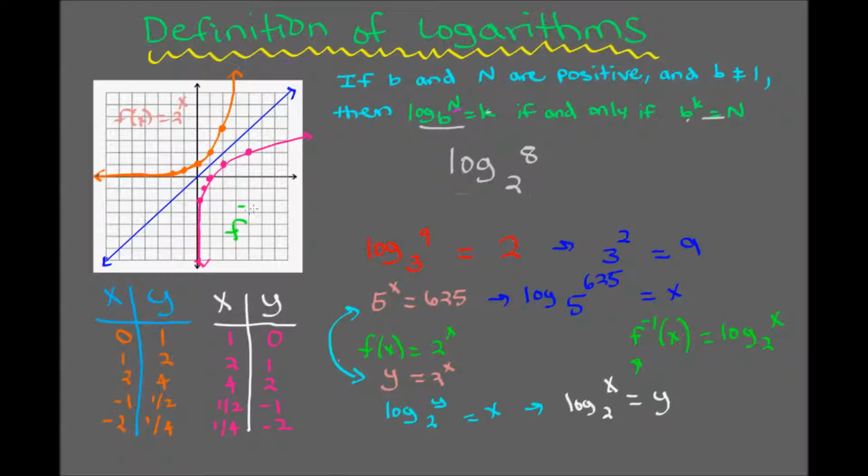If we compare it to this function right here, it's very, very similar. All you're doing is adding the word log in front of the 2 to the x in order to convert it to the equation of the inverse of this function. So you don't have to go through all these steps next time, because all you have to do is put a log out in front and you're done.